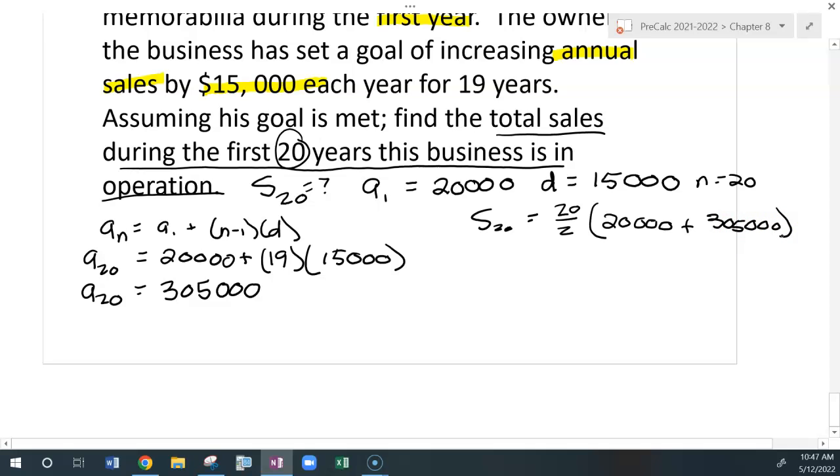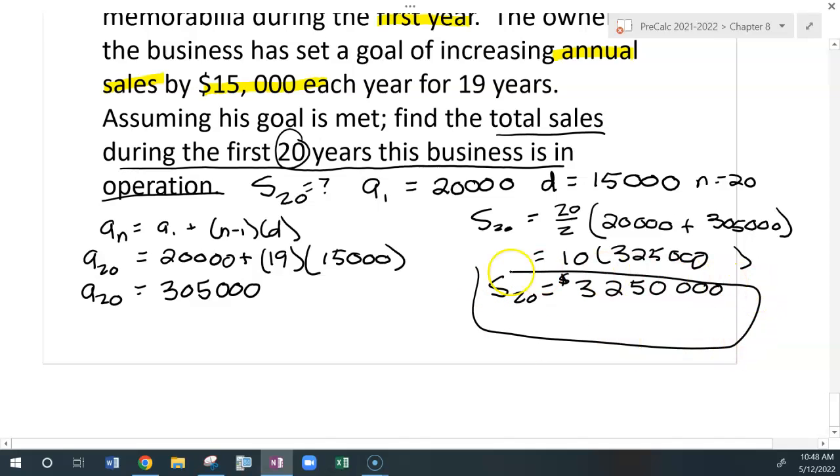So this is going to be 10 times 305,000 plus our 20,000. So 10 times 325,000, which gives us 3,250,000. So that is our final answer.